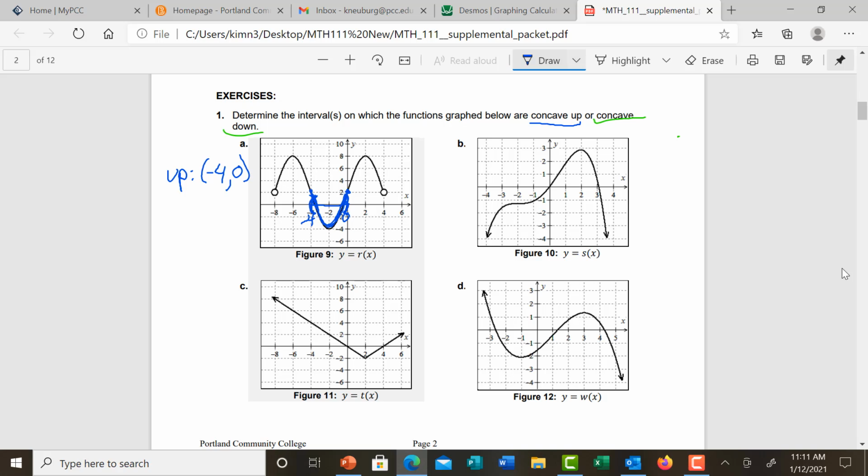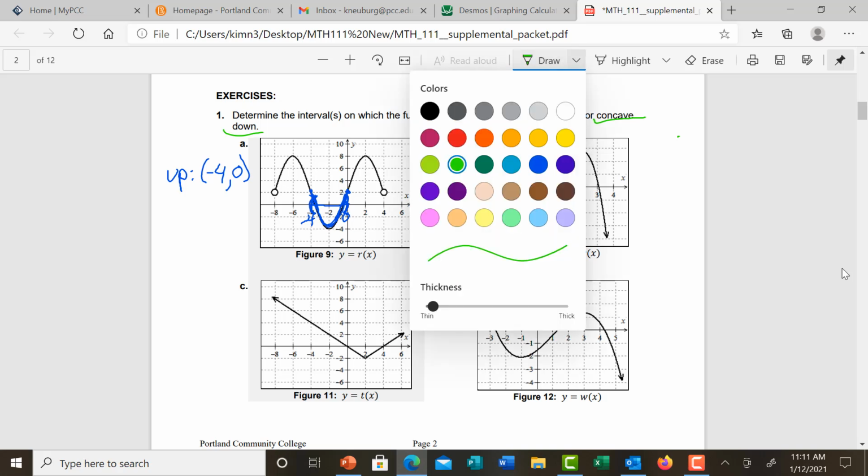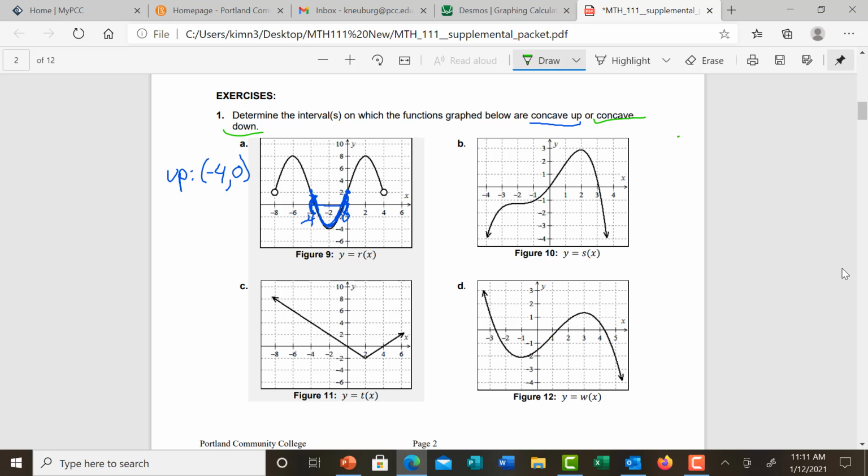Now for concave down, think of going to the kitchen sink and you decide to dump your cereal bowl out and empty it and clean it. That's your concave down. If you've now turned your cereal bowl over, you have a shape that looks like this section. Notice this first graph A has a section there, and it also has a section here.